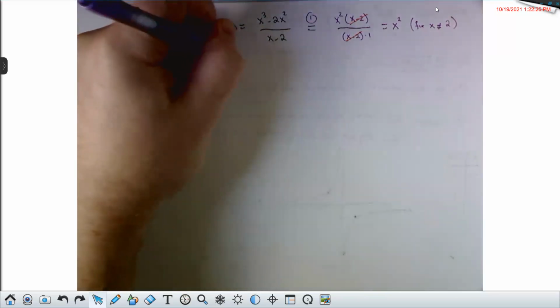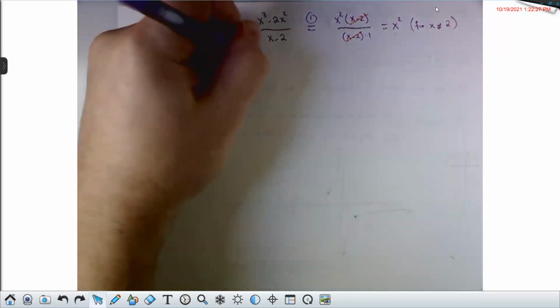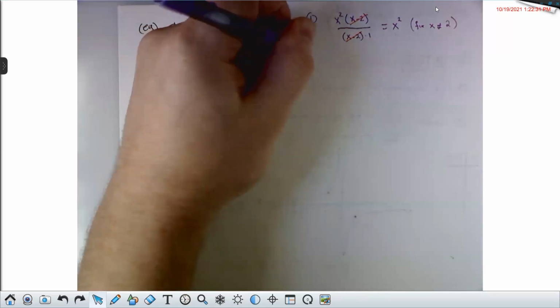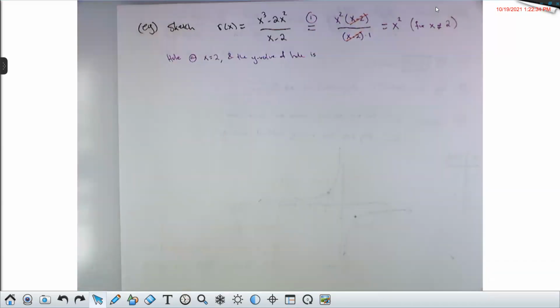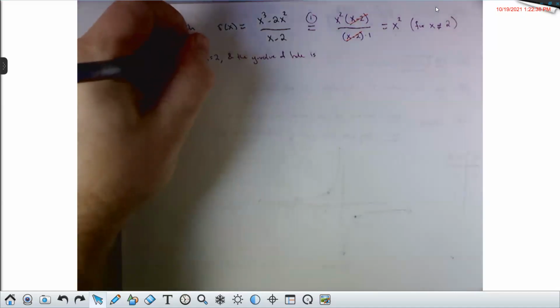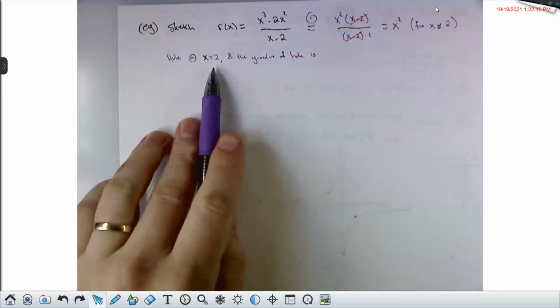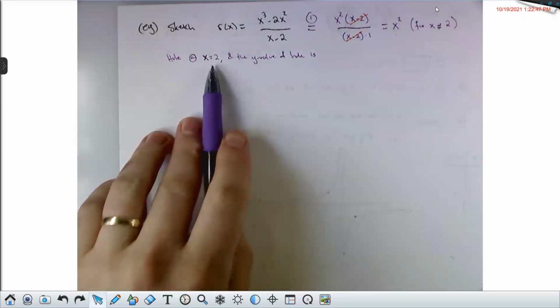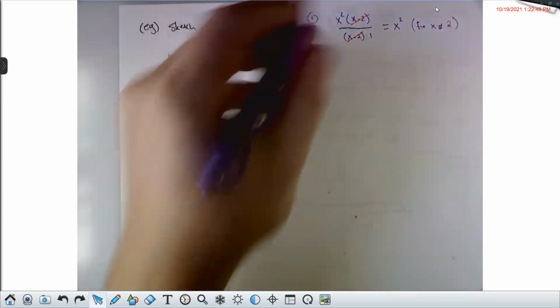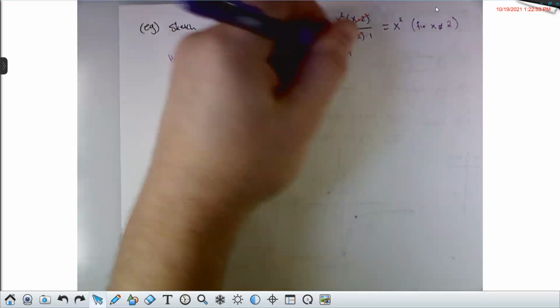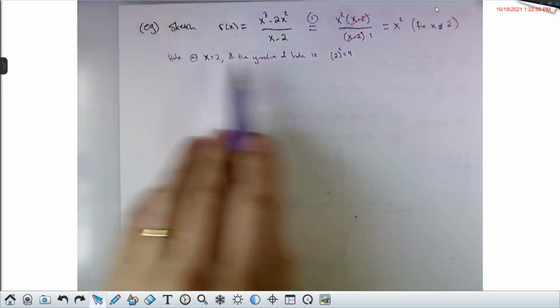And the y value of that hole is what? So we take this number and we plug it into the simplified version. So my hole is at the point 2, 4.